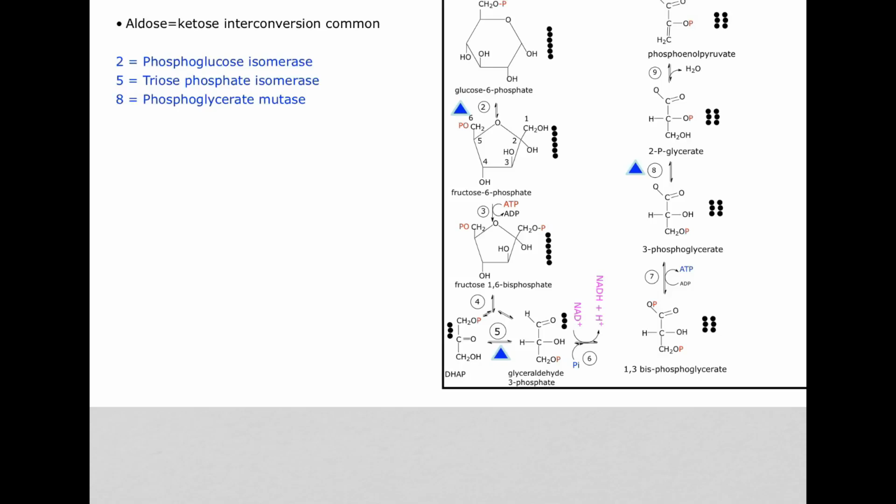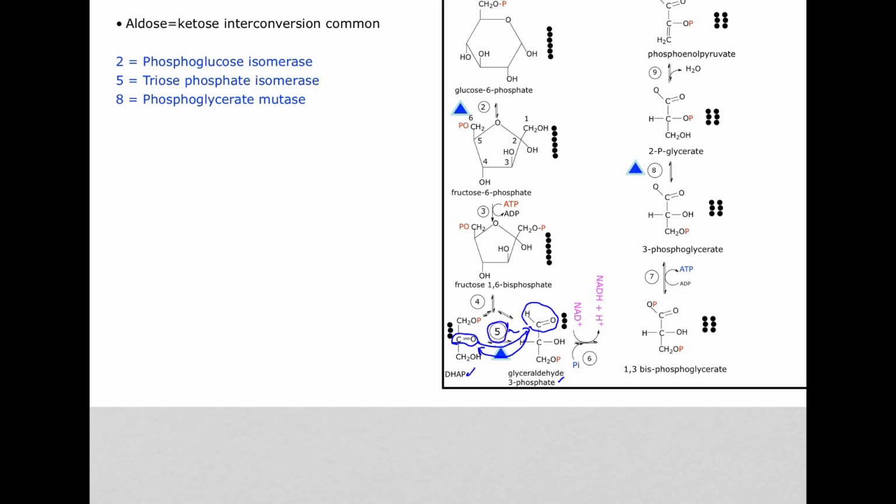In reaction 5, you can clearly see the ketone in dihydroxyacetone phosphate, and you can see the aldehyde group present in glyceraldehyde 3-phosphate. So this is the conversion of a ketone to an aldehyde, or in the reverse direction, aldehyde to ketone.